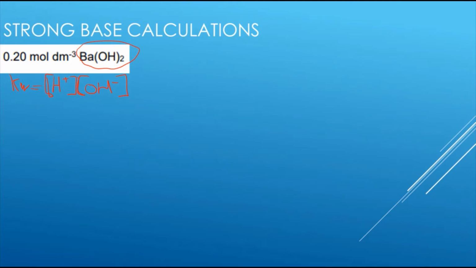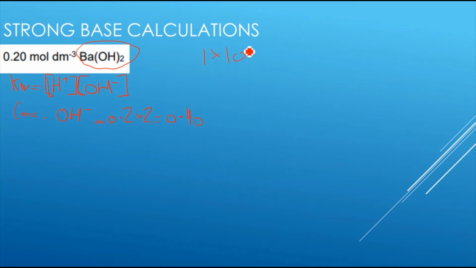So this also means that the concentration will be twice as big as the concentration of barium hydroxide. So we could say that the concentration of OH minus will be 0.2 times 2, which will just be 0.40. Now we could use the equation and sub the values in.